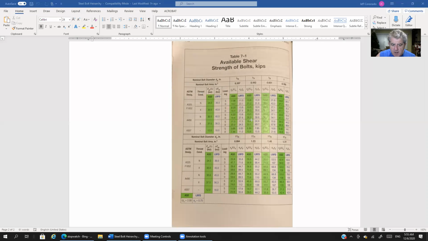And so with that in mind, it does look like A307 has the lowest capacity. And again, I am looking at this value, 7.36, you can see that there. So A307 looks like it's the material of bolt that has the lowest capacity.